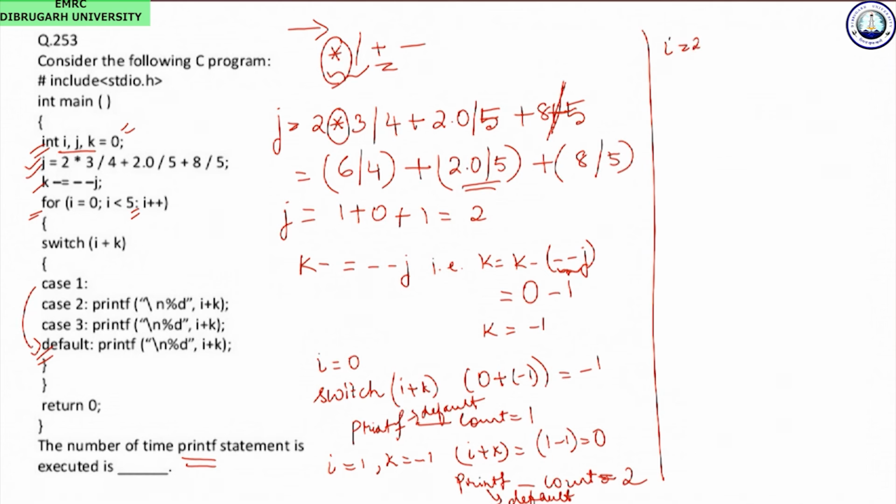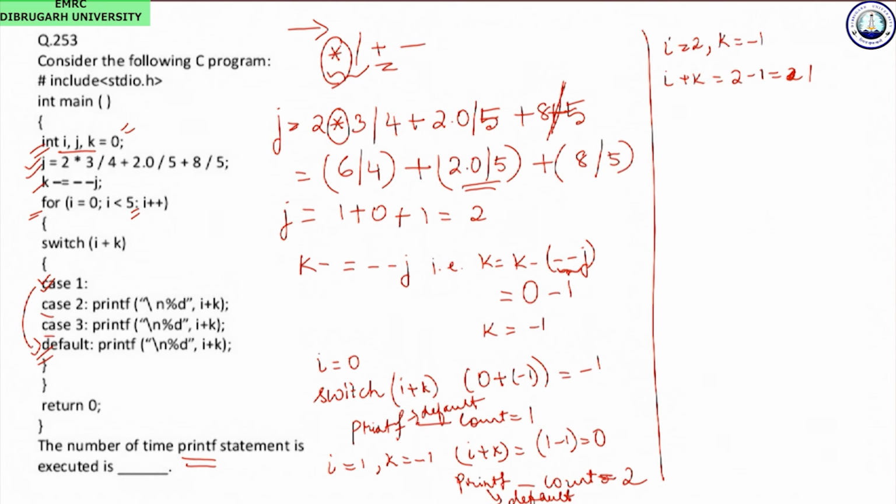Next, coming to i is equal to 2 and k is equal to minus 1. So i plus k is 2 minus 1, it is not 2, sorry, 1. So here you will come to case 1, then you will print case 2, case 3, default, because there is no break statement between these cases.